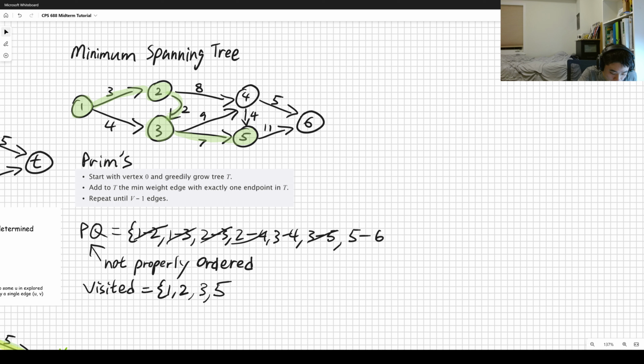And because 2 to 4 won't make a cycle, we're going to add this. And we're going to also mark 4 as visited. Now, the number 4 is going to add some new edges for us, and that is from 4 to 5 and 4 to 6.